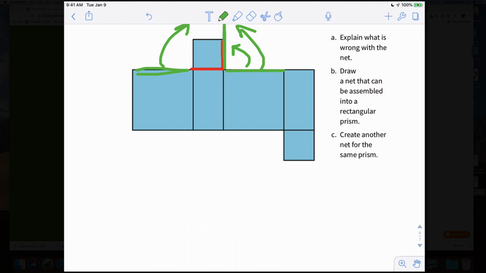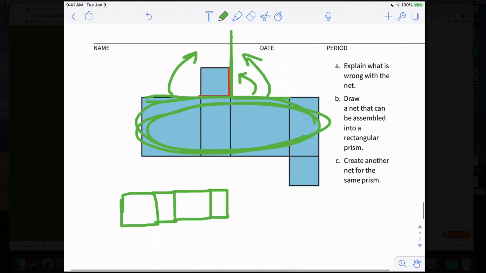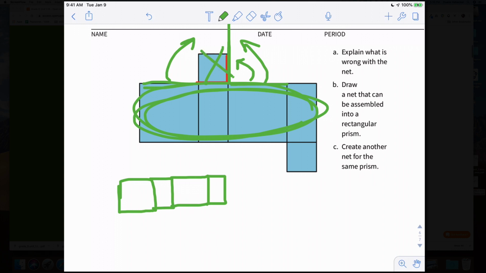If we want a square, and then kind of a rectangle, then we want a square, and then we want a rectangle. So I'm basically copying what's right up here. The issue was, what are the top and the bottom going to look like? All right, so let's do that.